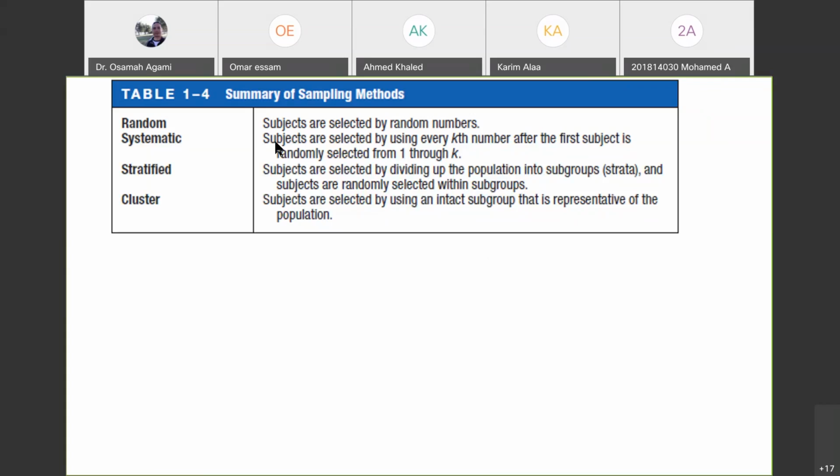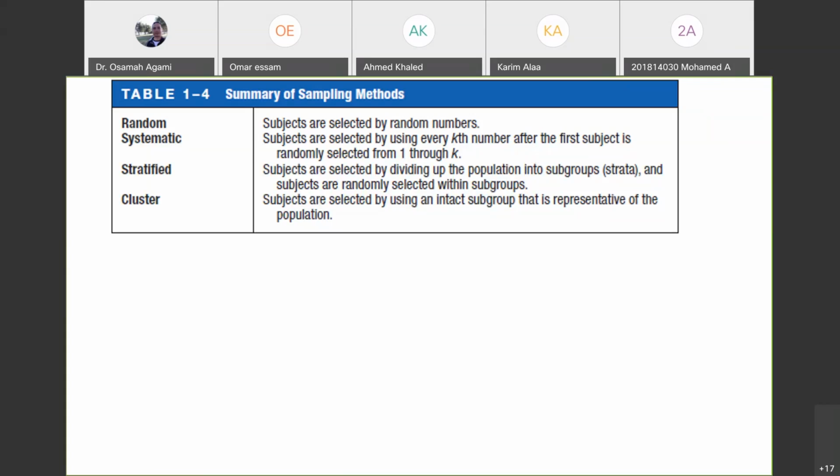Systematic means you have a list and you know how many you would like to take from the list. So you divide the list size by the number you want, and you know the gap you have to jump from one to the next to get the numbers you are going to take, right?